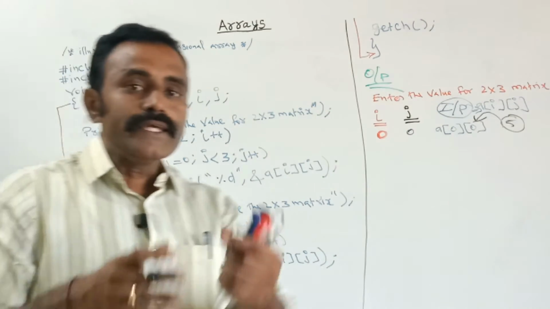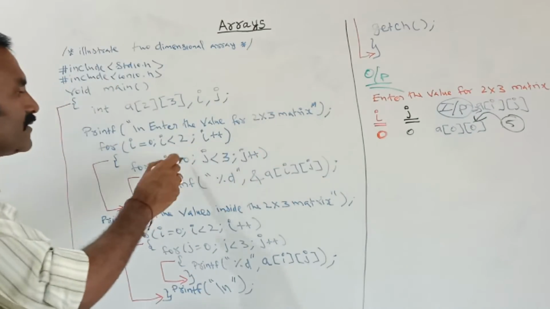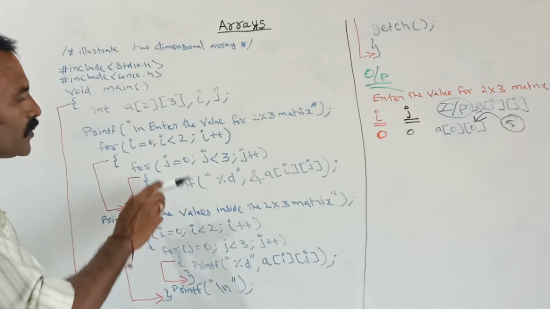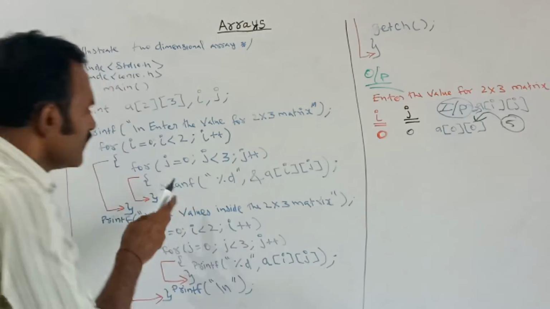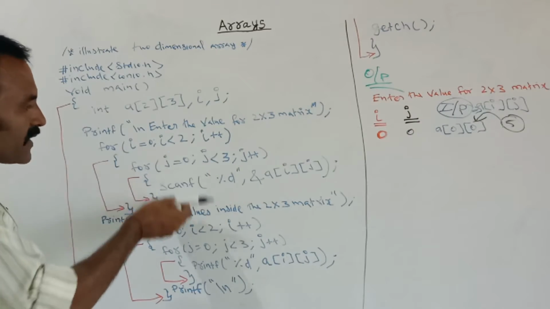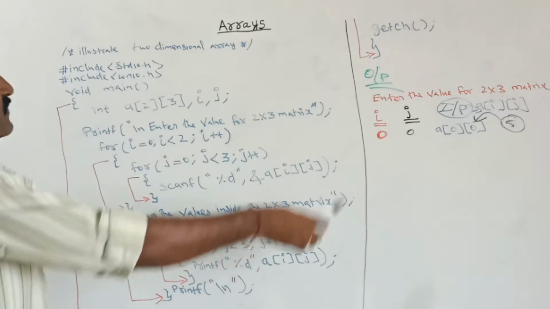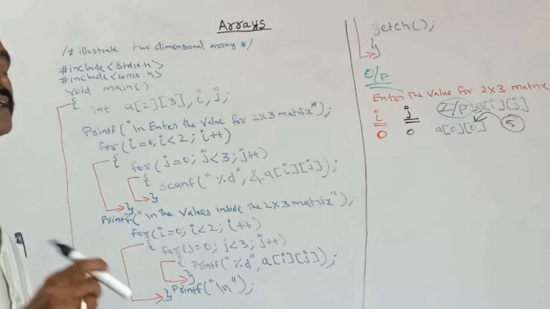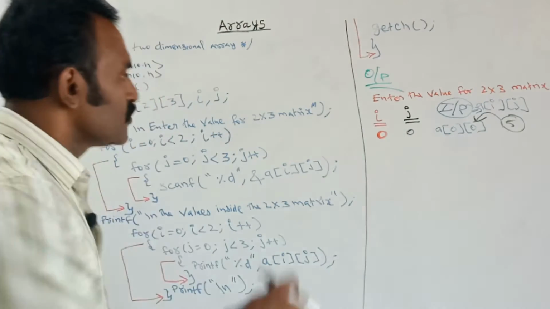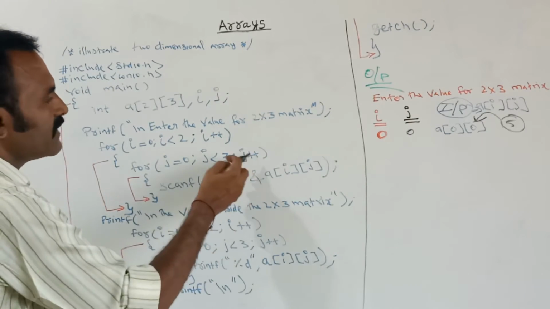You should note this: only after completing the inner loop will the outer loop value be incremented and checked. Here the inner loop is not completed because j is 0. Until the condition is false, the inner part should finish completely, and only after that will the next value of the outer loop be taken by the controller. So the inner loop is not finished yet, and after 0, j will be incremented.